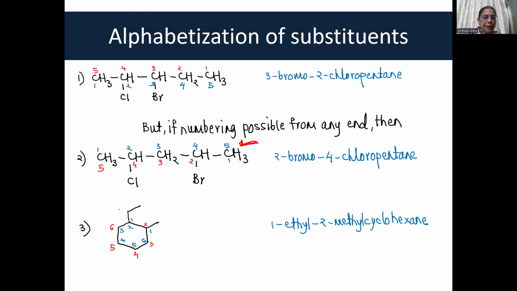Remember, the substituent ethyl comes alphabetically first. Methyl comes next. So, use the numbering which gives ethyl the lowest possible number. So, it is going to be 1-ethyl. Okay. The red numbering is correct. Okay, 1-ethyl, 2-methyl cyclohexane.